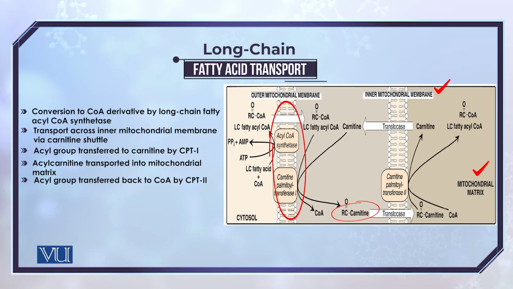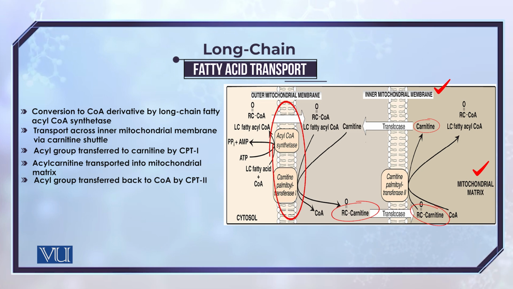In this way, carnitine helps in the movement of this long chain fatty acid towards the mitochondrial matrix. Once in the mitochondrial matrix, the carnitine is released, and you get the free fatty acid.